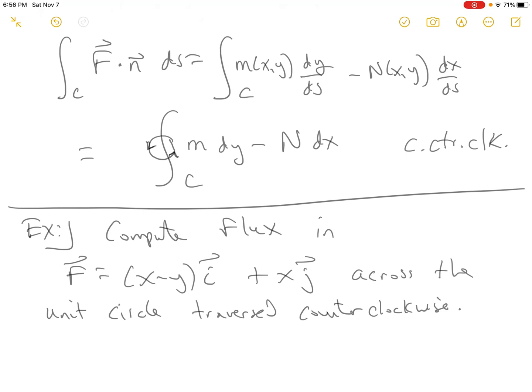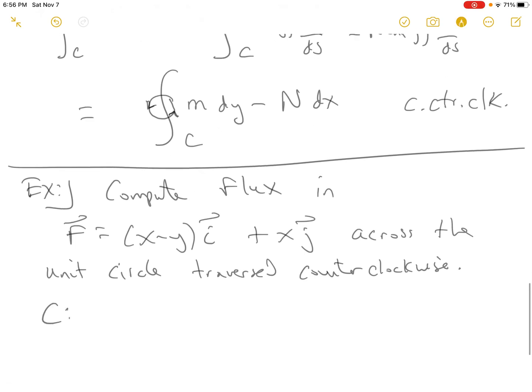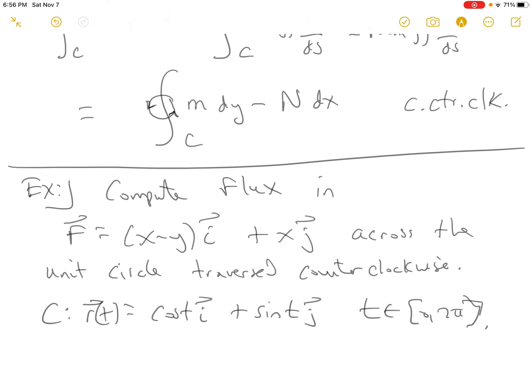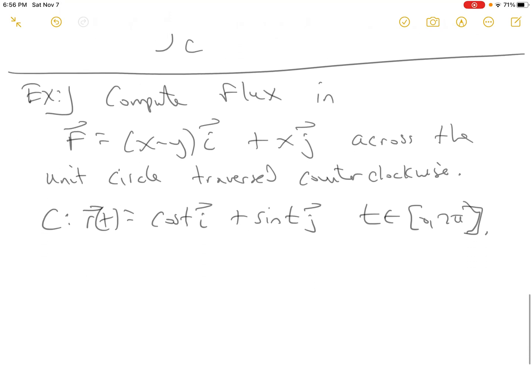All right. So what do we need? We need the unit circle going counterclockwise. This is the way we always did it in trigonometry. And t runs from 0 to 2 pi. All right, so we know that flux equals M dy minus N dx.